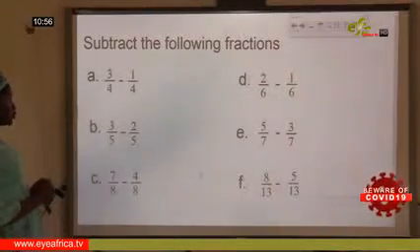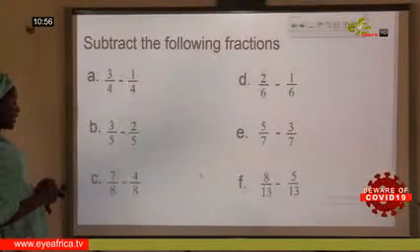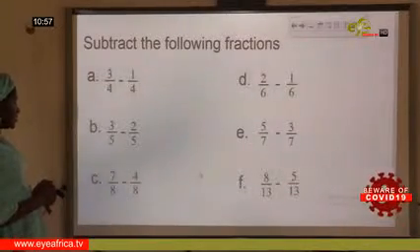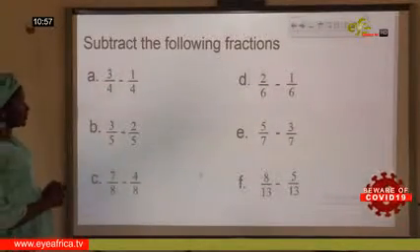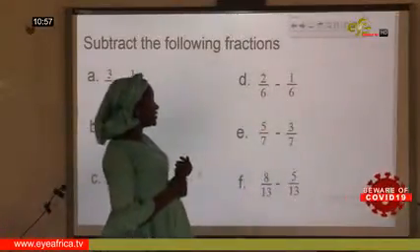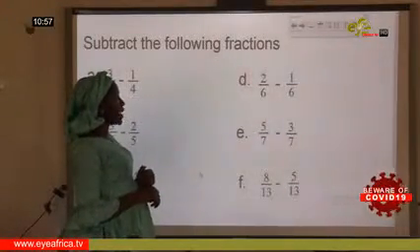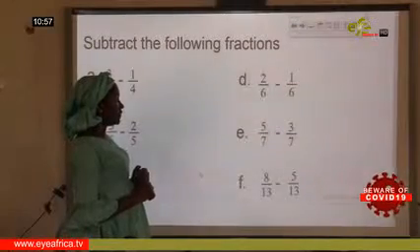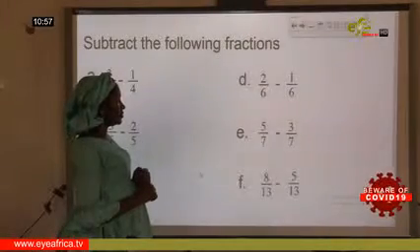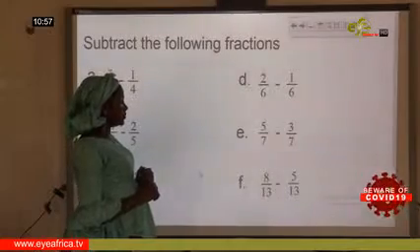C, 7/8 minus 4/8. D, 2/6 minus 1/6. E, 5/7 minus 3/7.